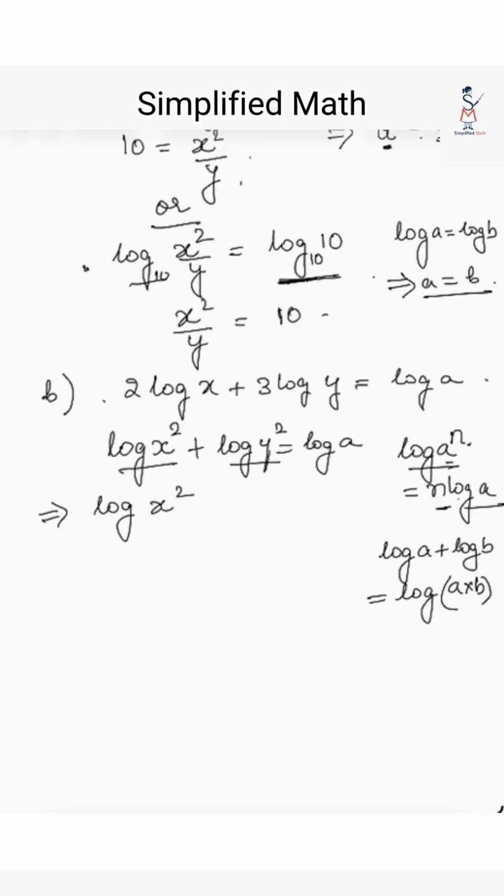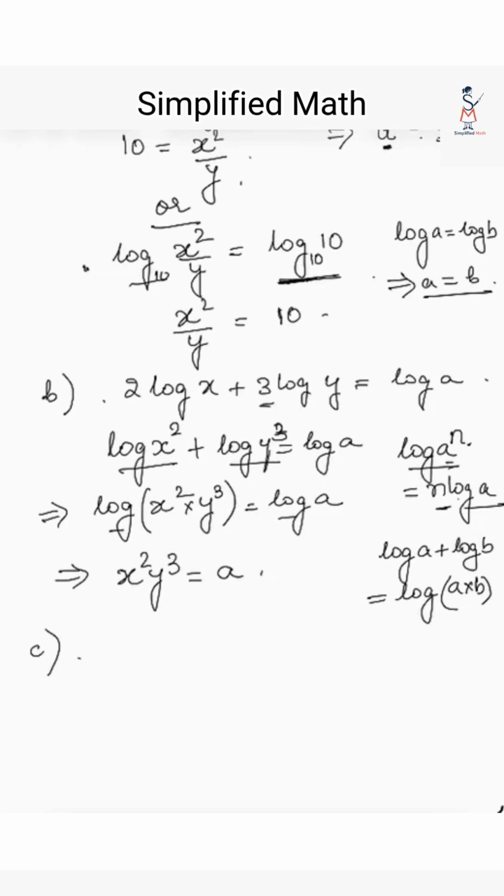So x square into y cube, because it was 3, is equal to log a. Again log x square y cube is equal to log a. That means you can think in your mind that the log is getting cancelled. So x square y cube is equal to a. Again we got an expression which is free from log.